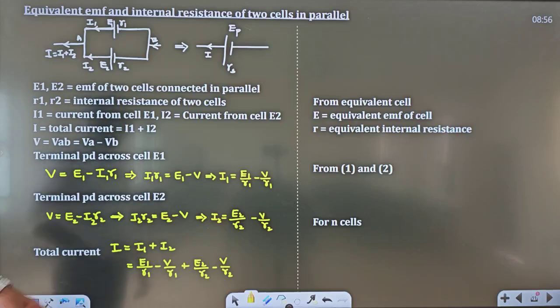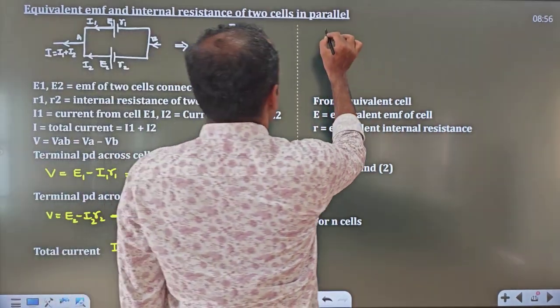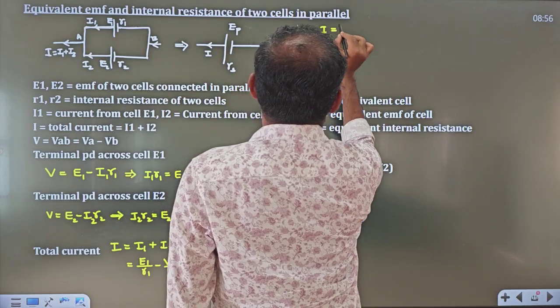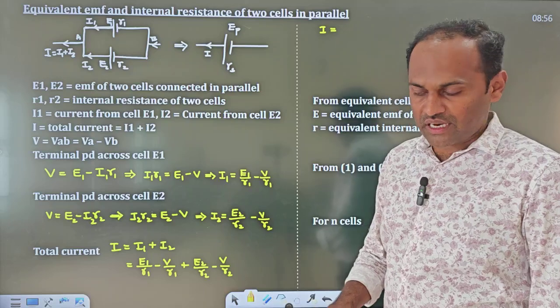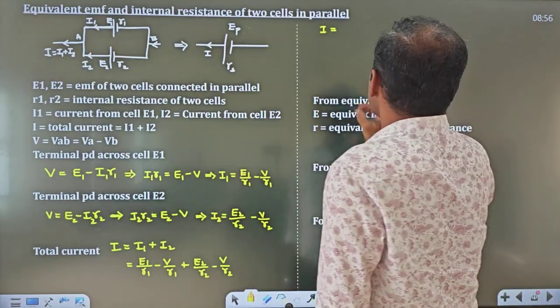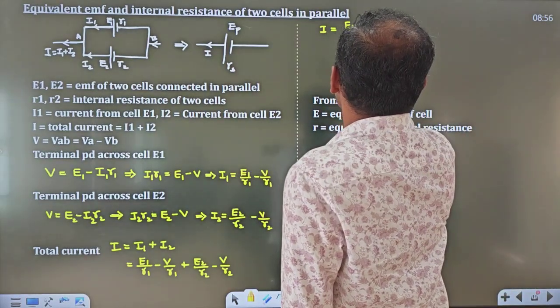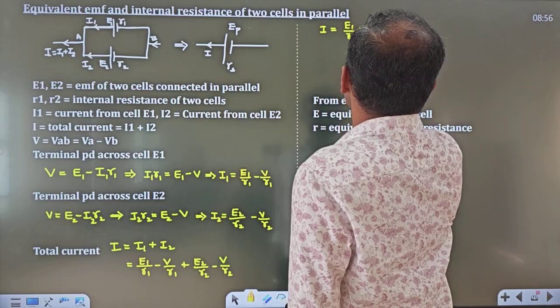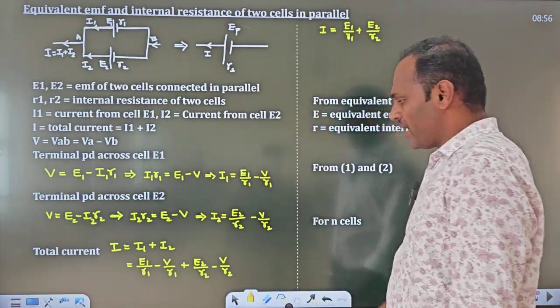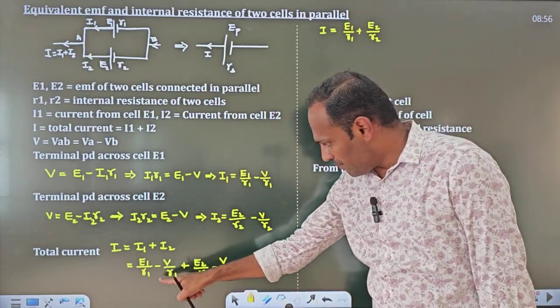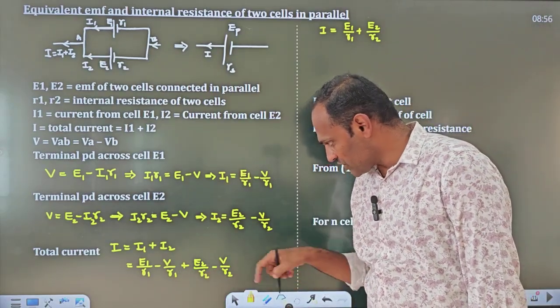Correct? So we have added both the currents here. Now I will write it like this. Total current I is equal to, take the EMFs first and then the internal resistances. First, E1 divided by R1 plus E2 divided by R2. Next, minus V by R1 and minus V by R2.